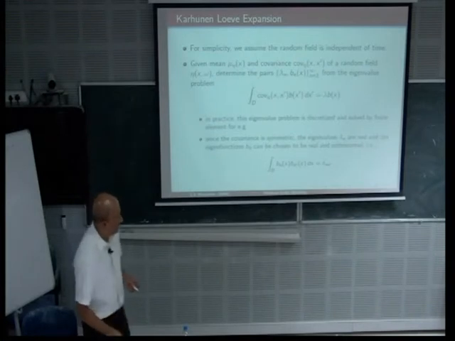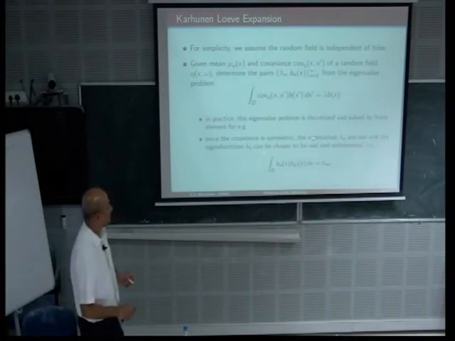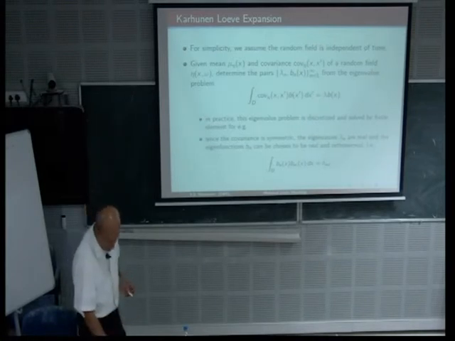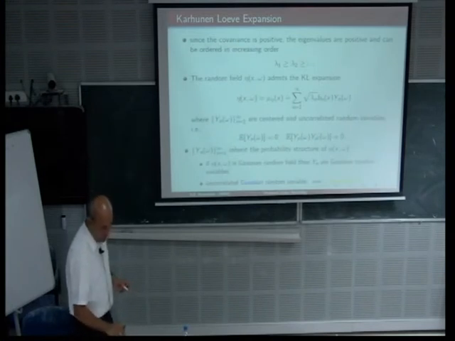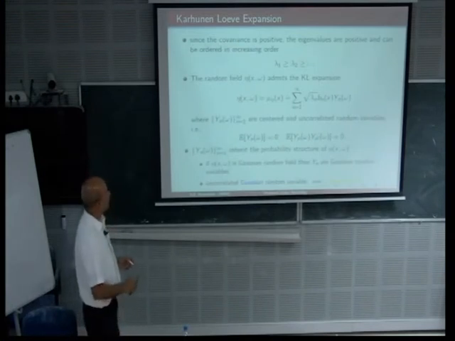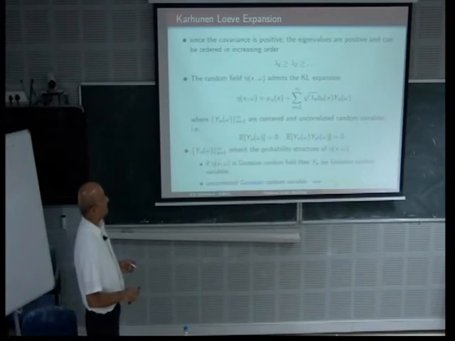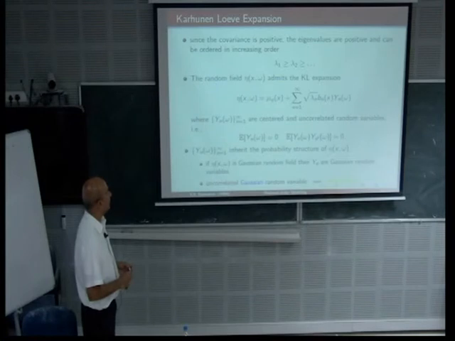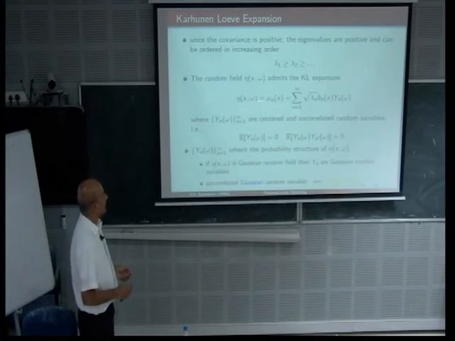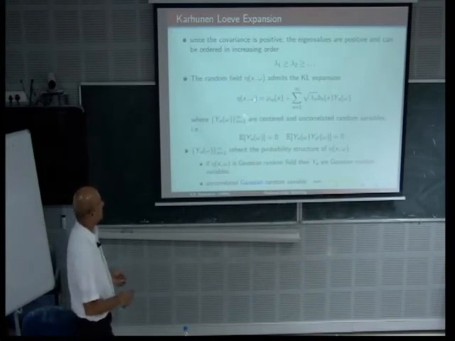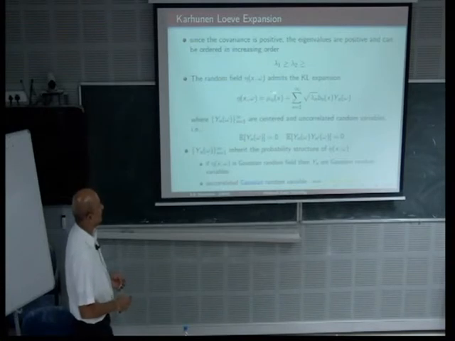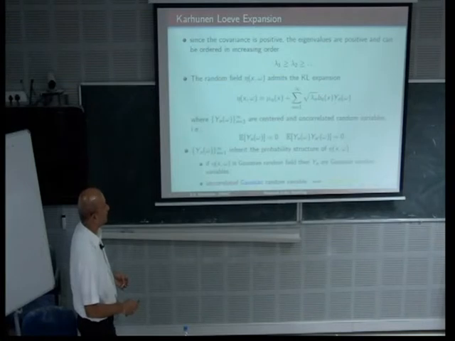And since covariance is symmetric, the eigenvalues are real and the eigenfunctions can be chosen to be real and orthonormal. Covariance is also positive, therefore eigenvalues are positive and can be arranged in descending order, and we have this KL expansion. This is a given random field. Your mean is known. These are from that eigenvalue problem.